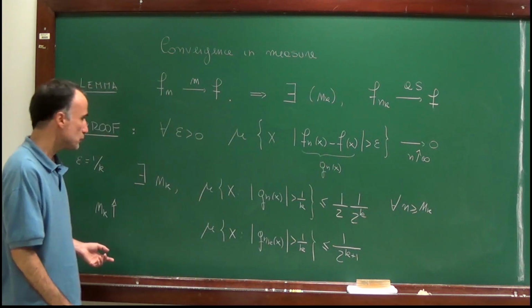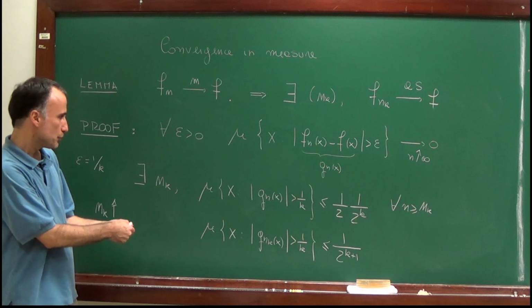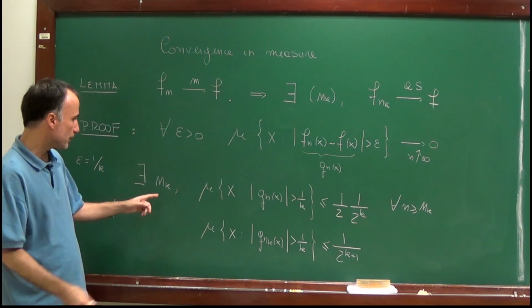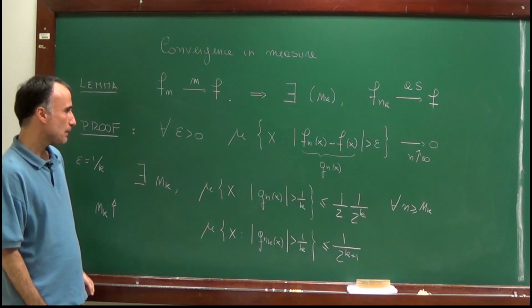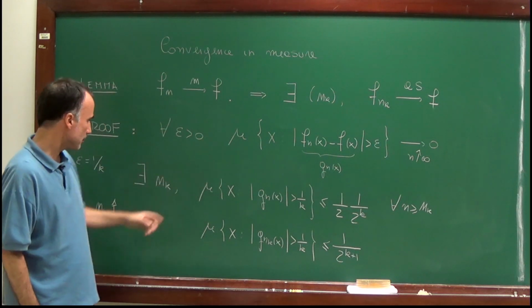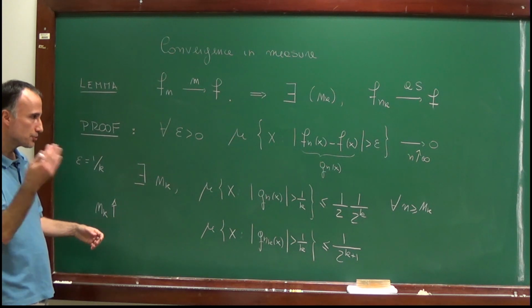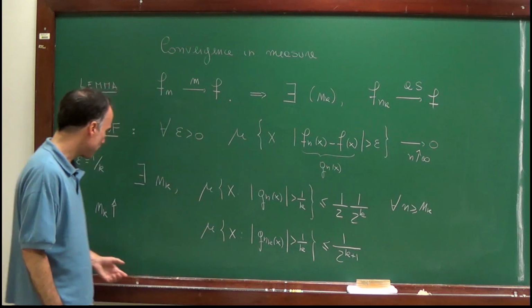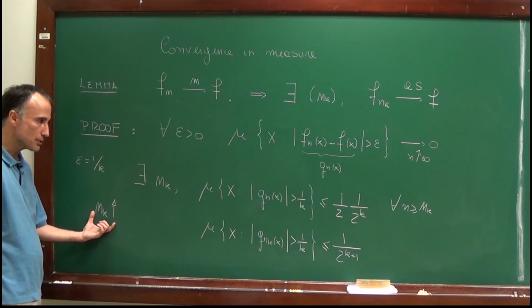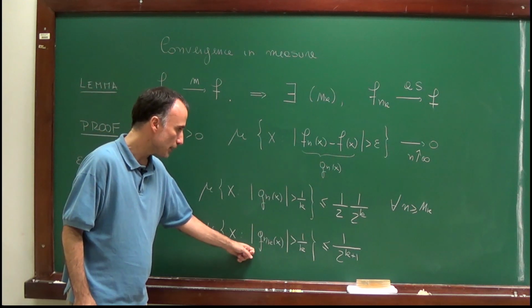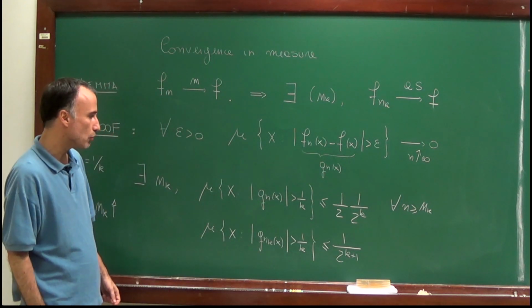Right? So I construct n1, n2, and once I have defined n1, n2, up to k minus 1, from that estimate I can find nk larger than all previous ones for which this is true. So I can indeed construct this sequence which is increasing and for which that inequality holds.